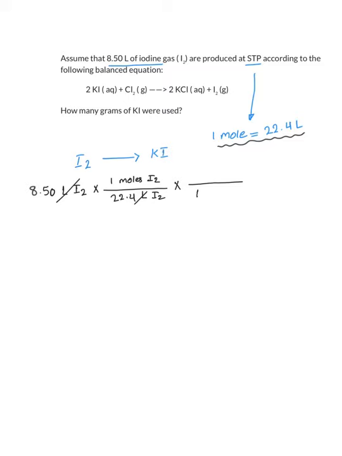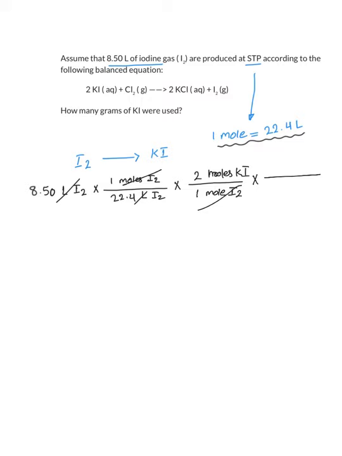So for 1 mole of iodine, I used 2 moles of potassium iodide. So now that I have moles of potassium iodide, I can use the molar mass to convert moles to gram of potassium iodide.